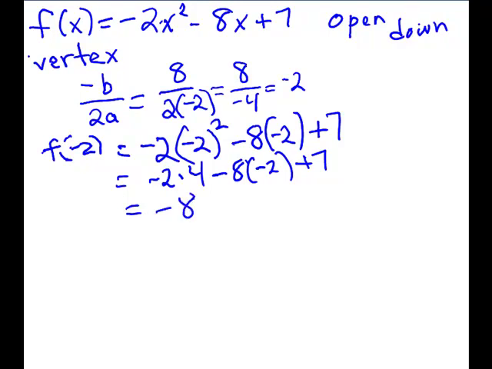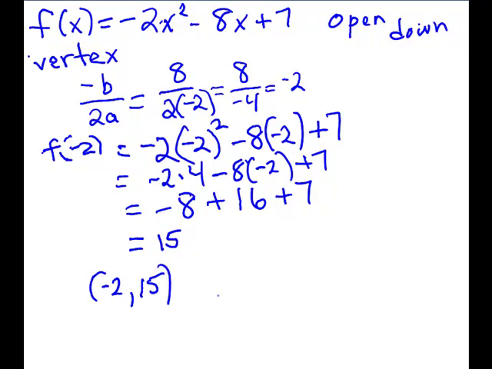So we get a -8, which will give us +16 plus 7. And so this would give us +8 plus 7 is 15. So our vertex is (-2, 15).